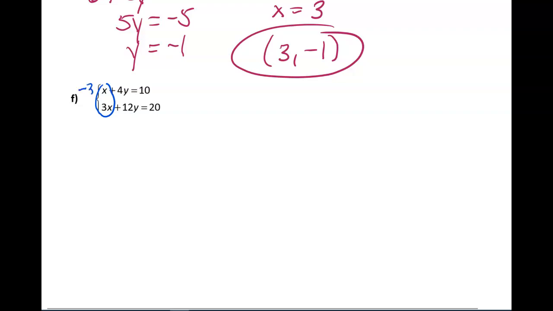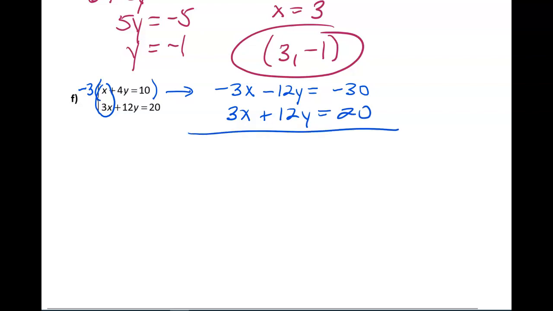So we can multiply the first equation by -3. That's going to give us -3x minus 12y equals -30. The second equation we can just bring straight over because we have opposite x coefficients. Add everything together. Now don't stop until you've added all the terms together and brought down the equal sign.